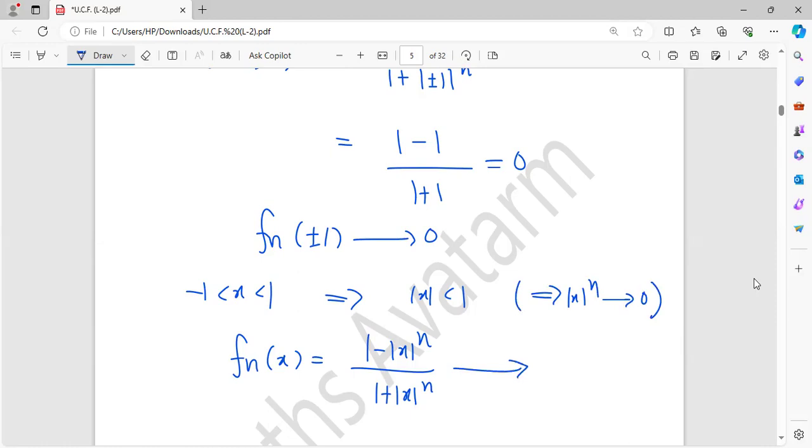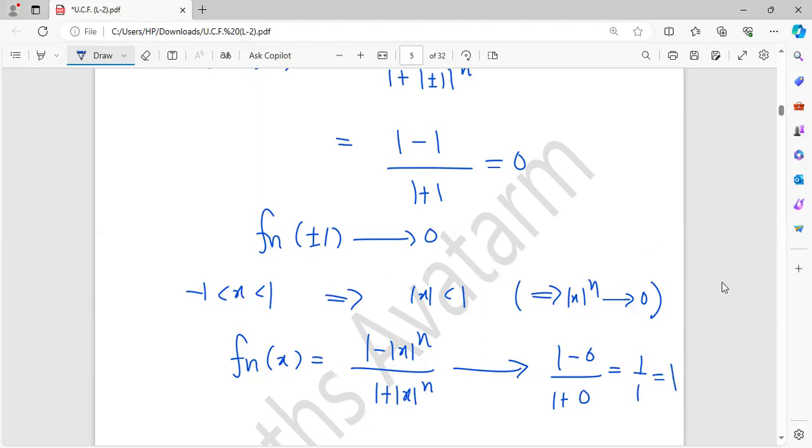It will go to (1 - 0)/(1 + 0). Sorry, it will go to 1.